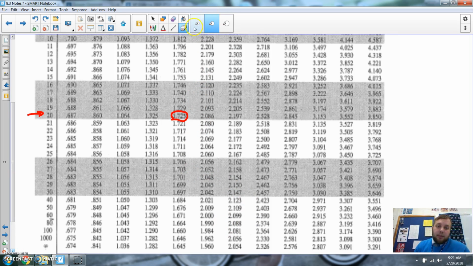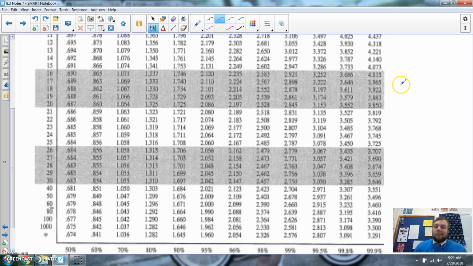Let's play again. This is real fun. Let's do a sample size of 100. What if I did a sample size of 100? I come over here and say, oh, 100.